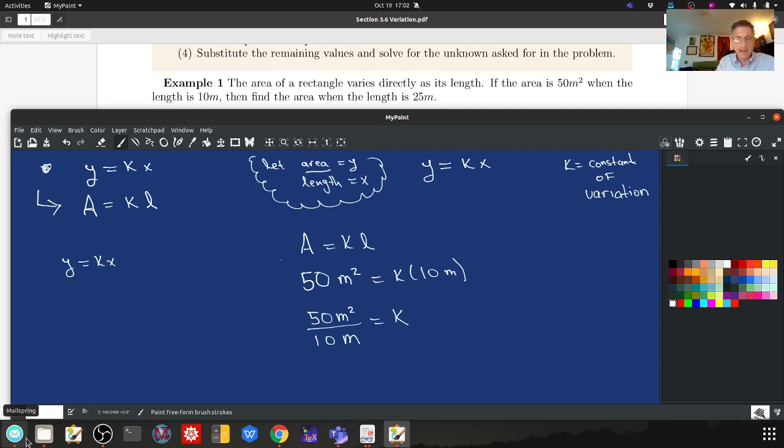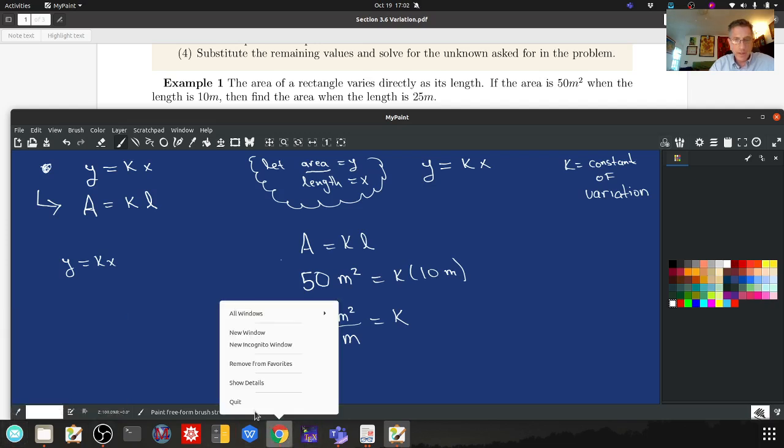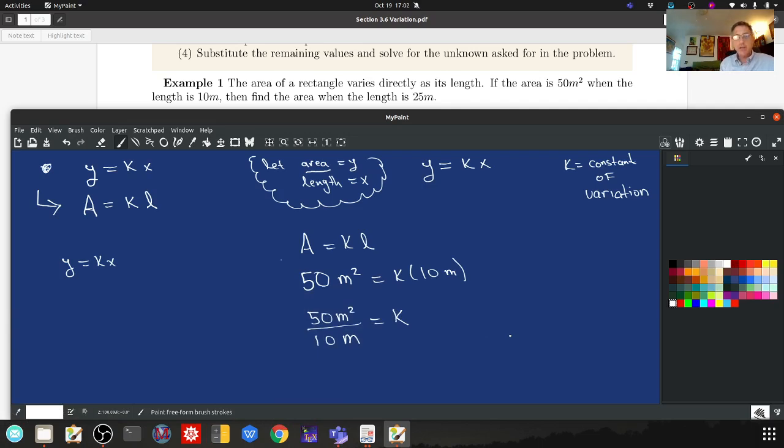And the reason I did that is because I know k is going to be in terms of meters. So 50 divided by 10 is equal to 5.